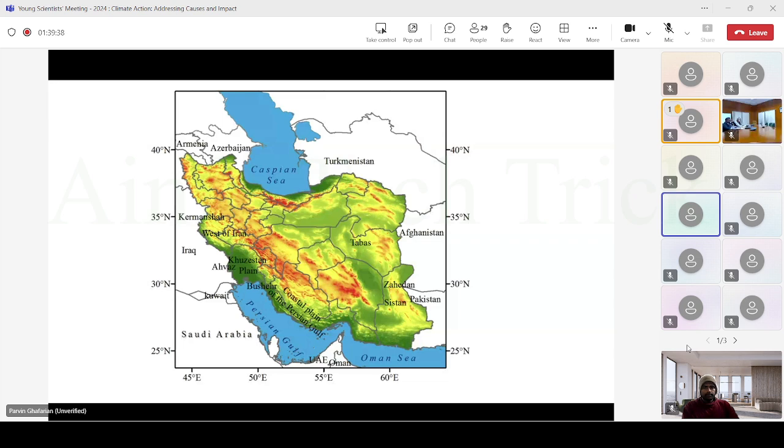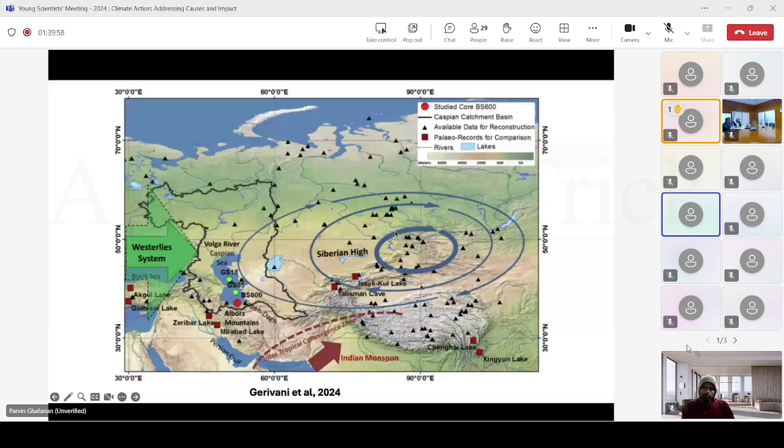Iran has been experiencing climate change with increasing annual temperature and greenhouse gases emissions. This is leading to more frequent and intense extreme weather events such as drought and floods. In this picture, you can see the systems that can affect Iran's weather.